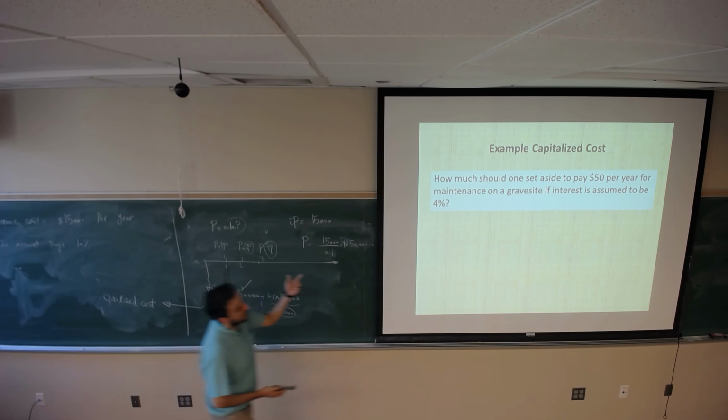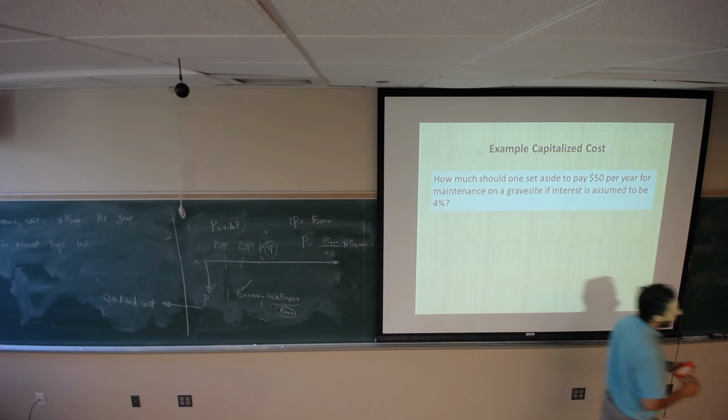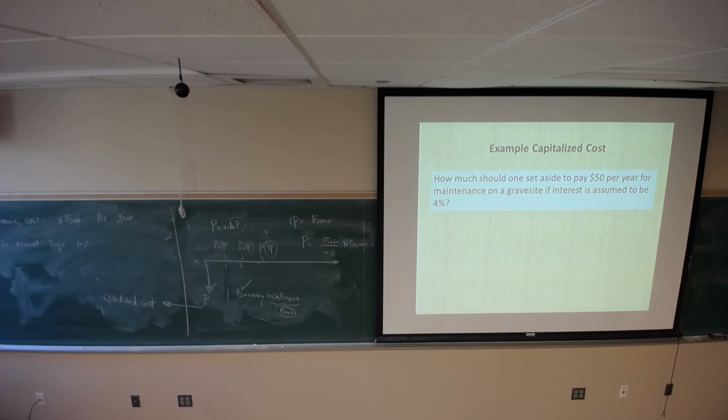It's exactly the same as the example that we did. We would like to have $50 for the maintenance cost. So if the interest rate is 4%, and we want to withdraw $50 to cover the maintenance cost, how much money should we set aside?